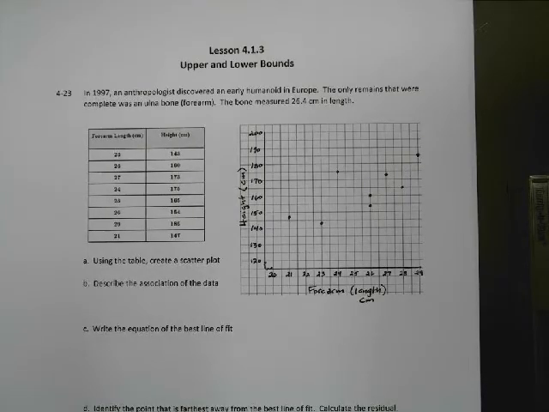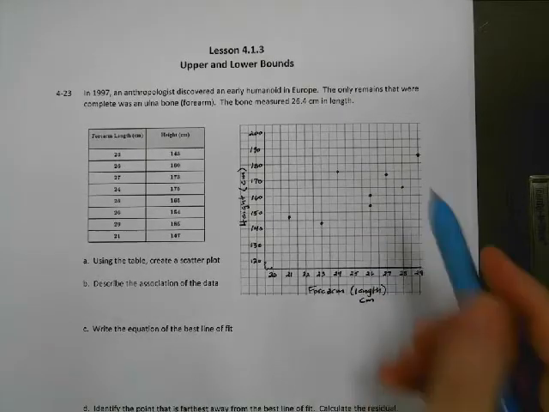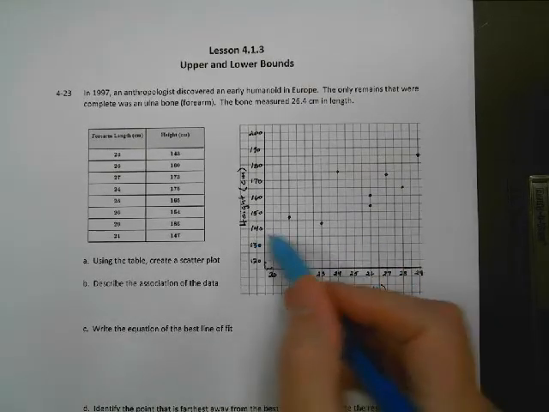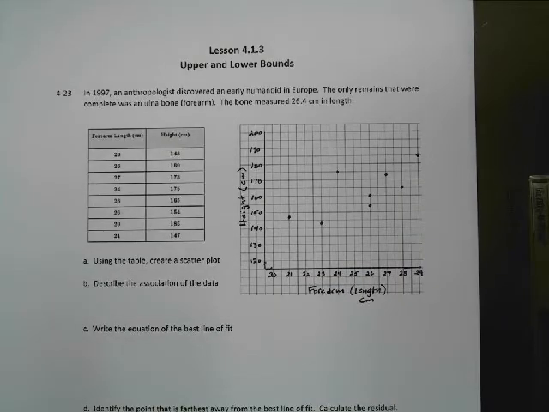So we're going to describe the association. Now this association is a little bit spread out, if you really look at it. But it does look like it's probably linear, whereas the other one that we looked at had kind of a curve to it.